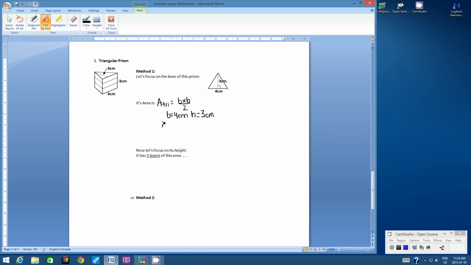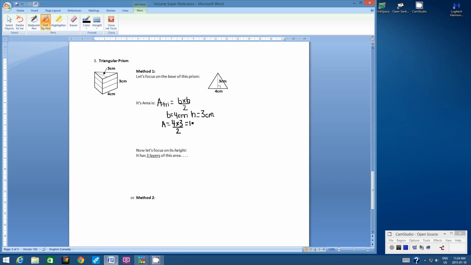Substitution line, area equals 4 times 3, base times height, but don't forget to divide by 2. A lot of people forget this step. This is very important because if you don't divide by 2, you're actually calculating for area of a parallelogram or a rectangle, aren't you?